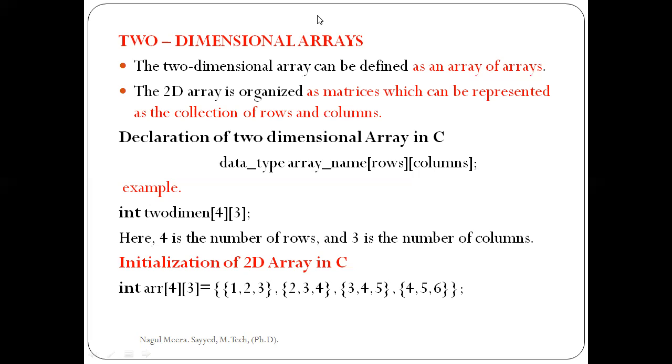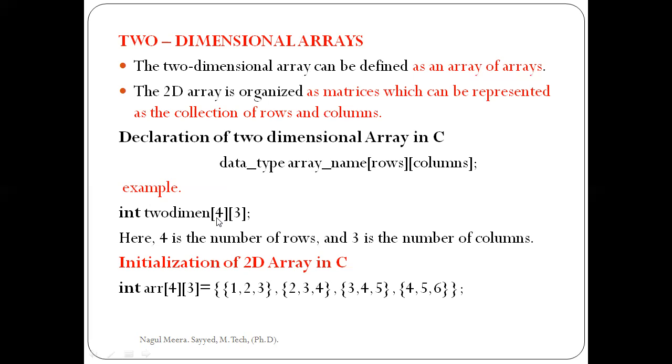Now coming to our example. Here, the data type is integer. Int is the data type, space. The array name is two dimension. Two dimension is my array name. Here one subscript is for rows, and I mentioned four.